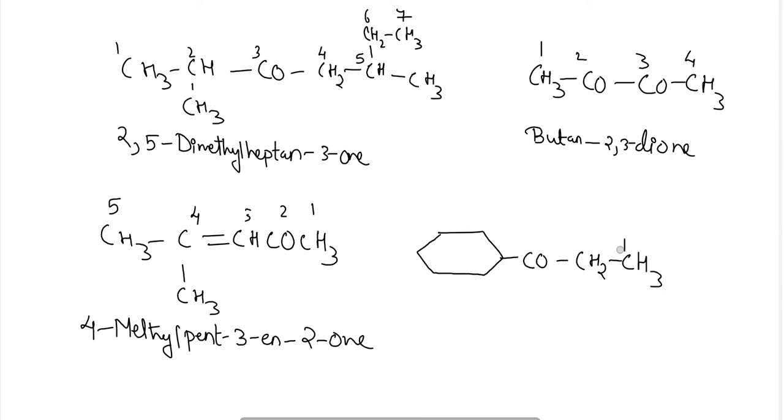So the cyclic chain will be considered as a side chain here. So the name of this compound will become 1-cyclohexyl propane 1 one. Propane 1 one. Okay, this E will not be here. Propane 1 one.